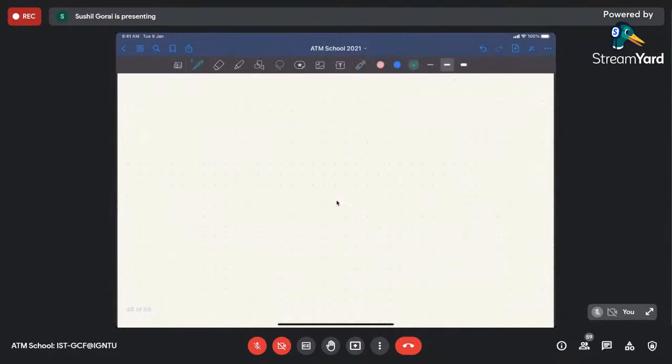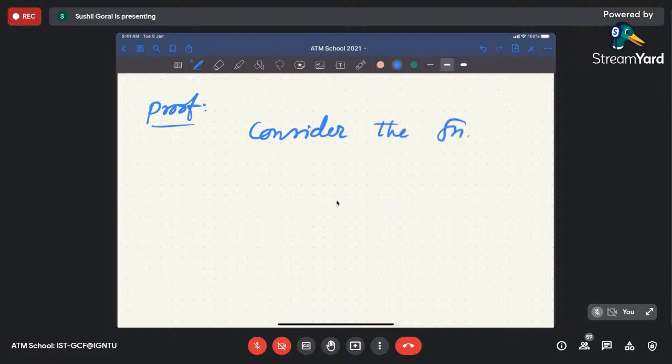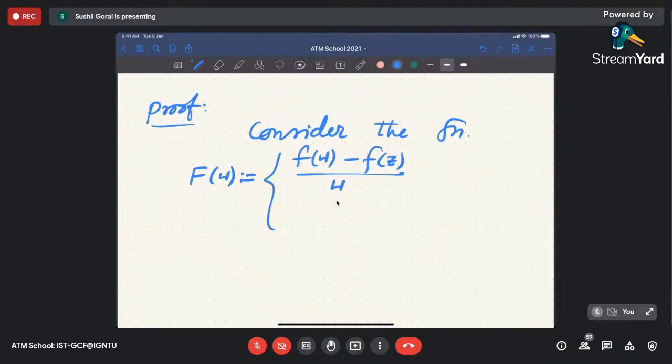We'll use a theorem proved earlier. So proof: consider the function capital F(w) defined as F(w) minus F(z) by w minus z for w not equal to z, and F prime(z) for w equal to z, right?